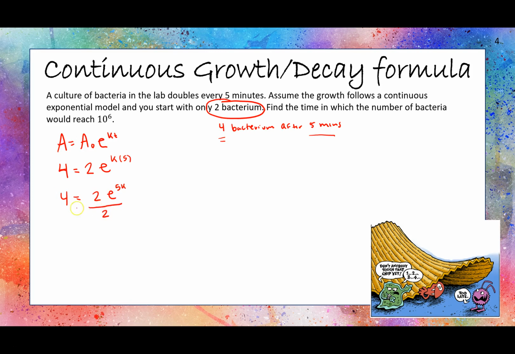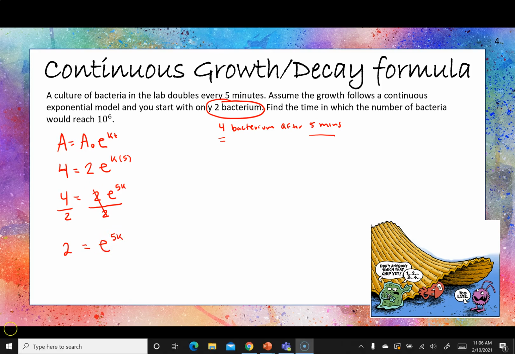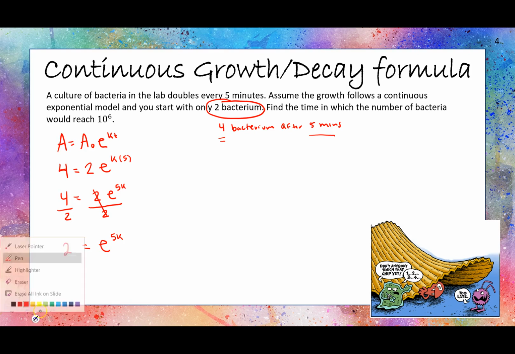Next step is going to be to divide by 2. So this gives me 2 equals e to the 5k, as this cancels. All right, next thing we're going to do is take natural log of both sides. In this case, our ln2 just stays ln2, but ln e disappears, and I just get a 5k.